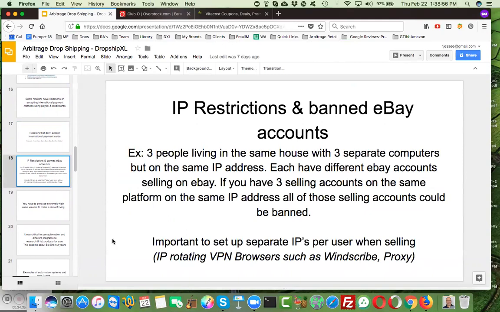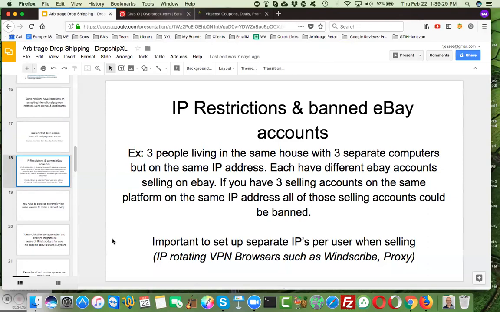Yeah. Now this I can understand why they do it, because of security. But they act like they are the Pentagon or something. I mean, it's just an eBay account. What happens is, it's not that you cannot use many different eBay accounts as a seller on the same IP address.